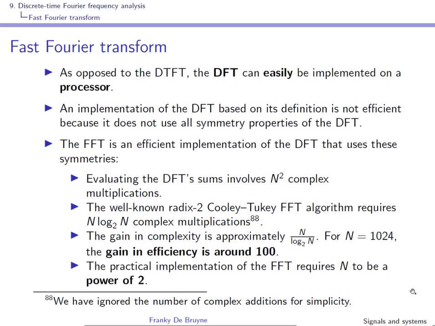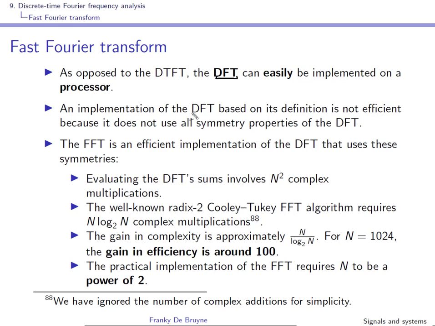We have seen that the discrete time Fourier transform is difficult to implement on a processor, and this is why we have discretized the variable frequency, and as a result we have obtained a DFT that can be easily implemented on a processor because both time and frequency are discrete.